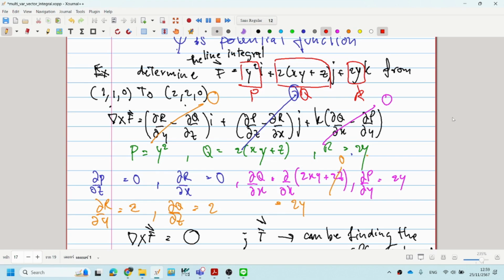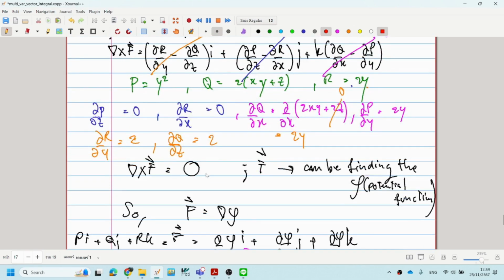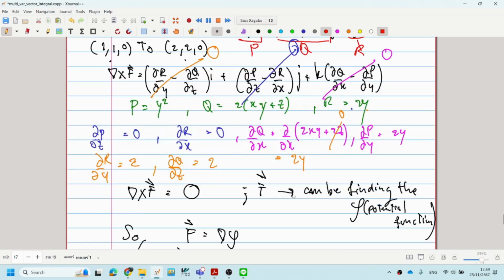The path does not affect it anymore, because for the vector f you already proved that curl f equals 0, that means it is independent of the path, right?